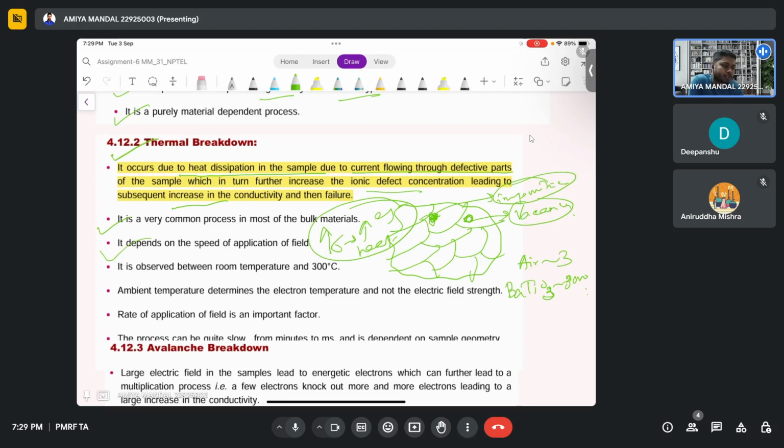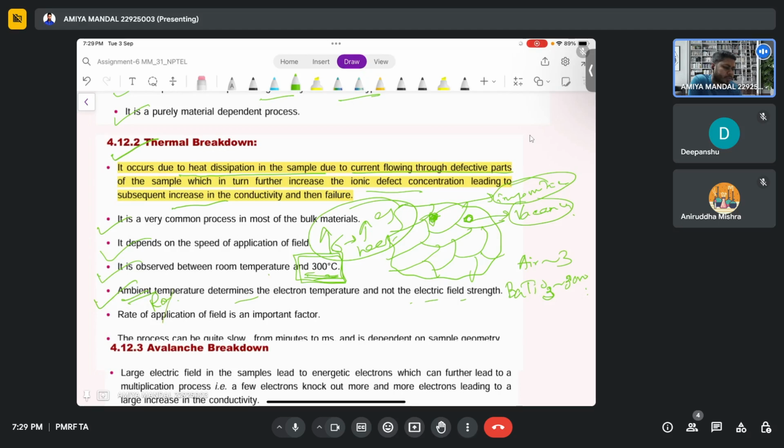It depends on the speed of the application of the field. Okay. It is observed between room temperature and 300 degrees centigrade. So that is a very important point. Ambient temperature means room temperature. Okay. It determines the electron temperature, not the electromagnetic field.